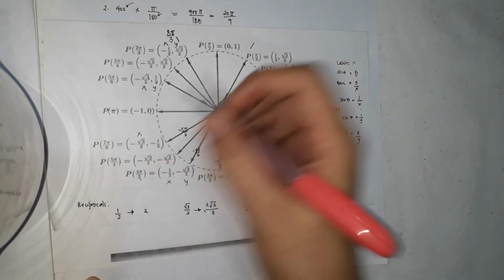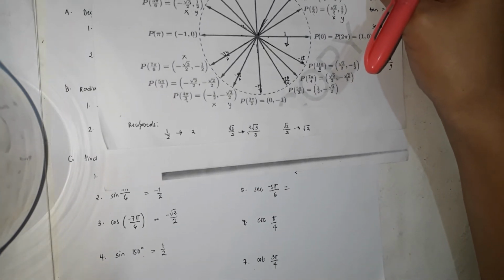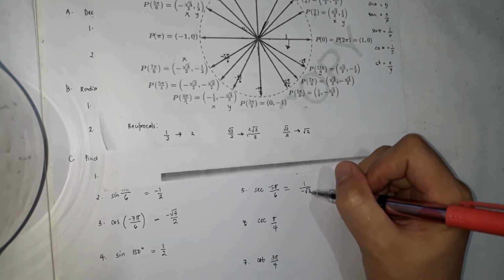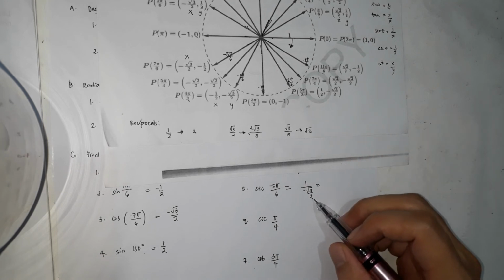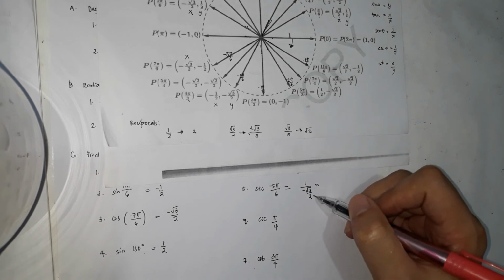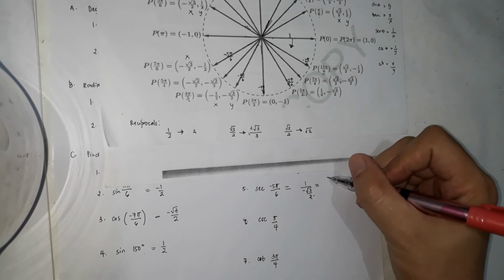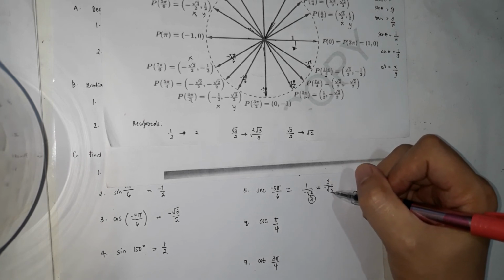This is x. So magiging 1 over x, negative square root of 3 over 2. So ang mangyari niyan, baliktarin mo lang ito. So reciprocal nito, itong sa baba magiging sa taas, kukuhin mo yan negative square root of 3.